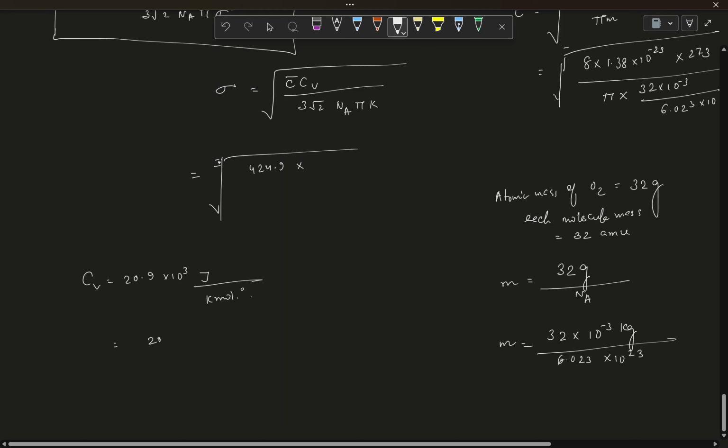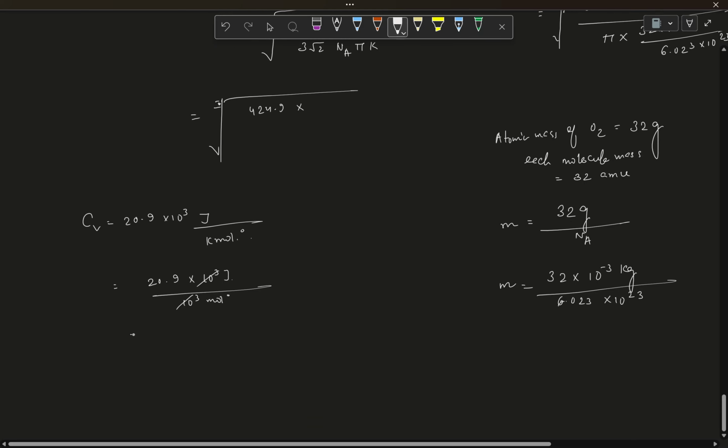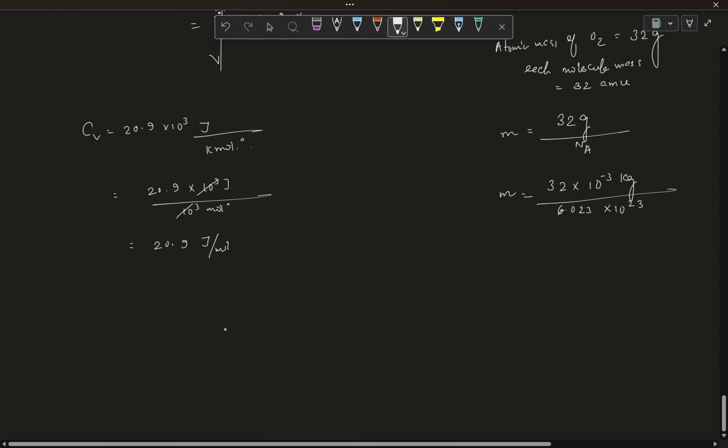So first of all, because it is kilomole, this is 20.9 into 10 to the power 3 joule per kilomole degree, so it will be 20.9 joule per mole degree.